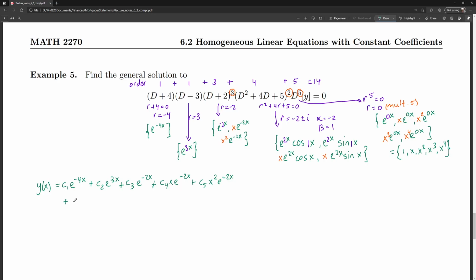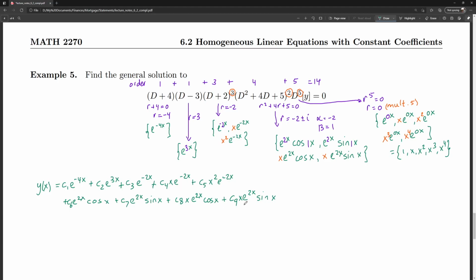So that's plus c6 e^(-2x) cosine x plus c7 e^(-2x) sine of x plus c8 x e^(-2x) cosine x, and then plus c9 x e^(-2x) sine of x.